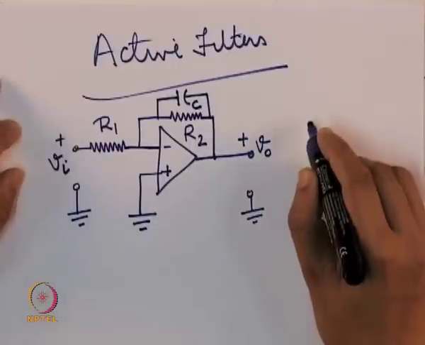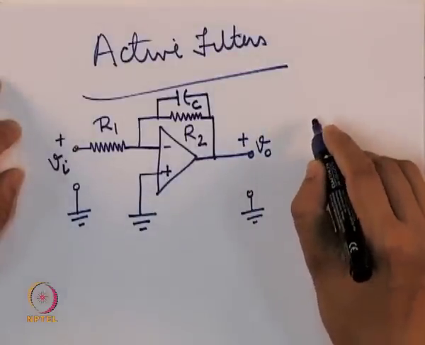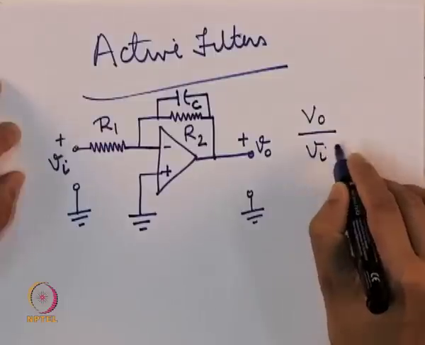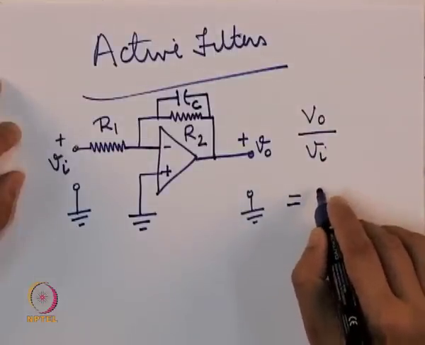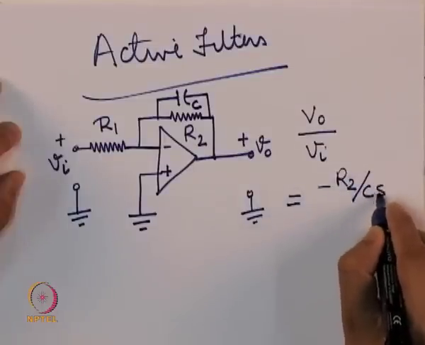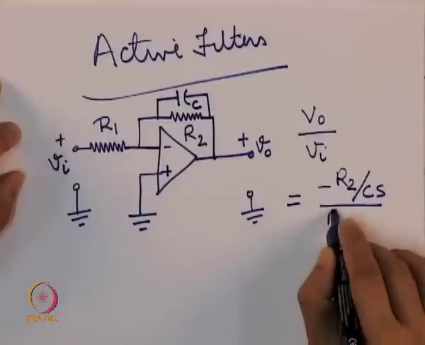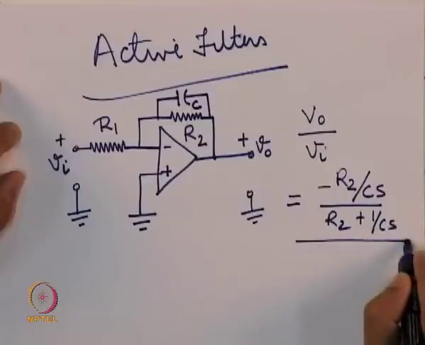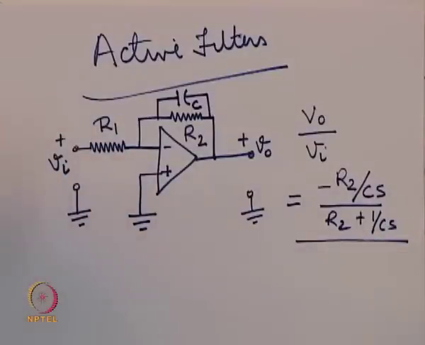So, here what you see, suppose we consider this circuit, then you know that VO upon VI will be given by minus R2 upon (R2 by CS) plus 1 upon CS... this whole upon R1.